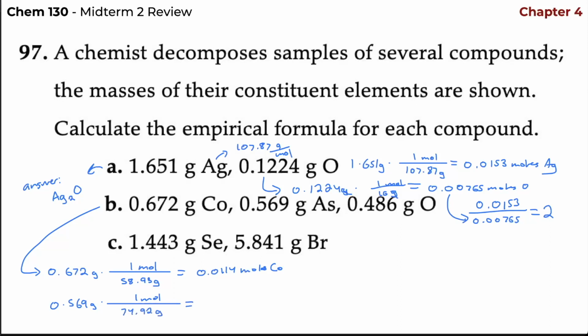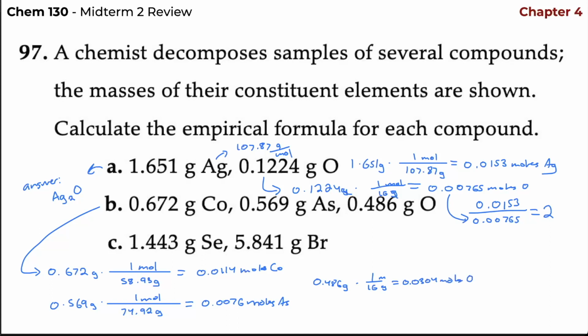And this is going to give us 0.0076 moles of As. And this one is 0.486 grams of oxygen, so it's 1 over 16, which is 0.0304 moles of oxygen.